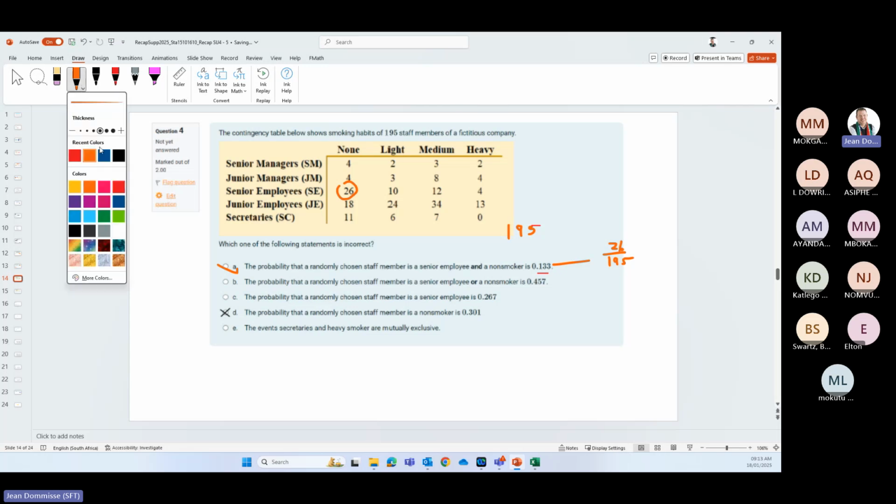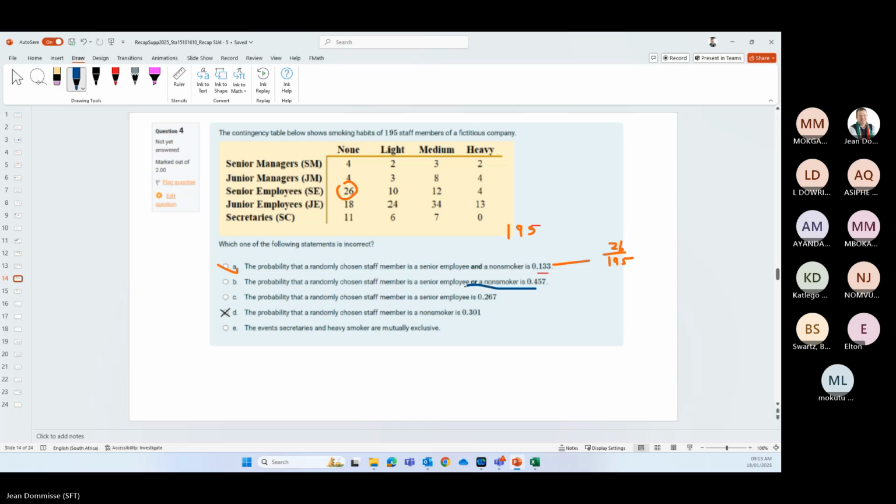Let's just pick another color for the next one. The probability that a randomly chosen staff member is a senior employee or a non-smoker. And so now we need to do it a bit longer.